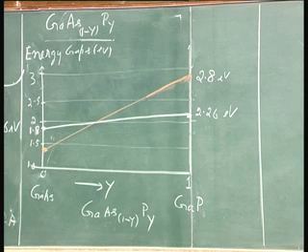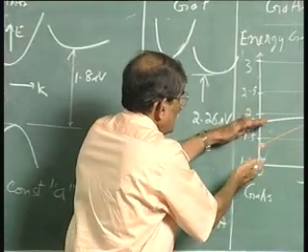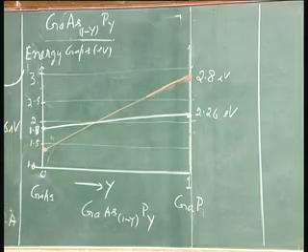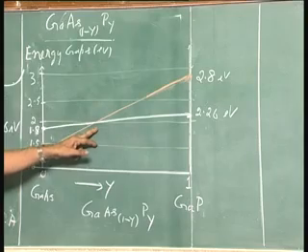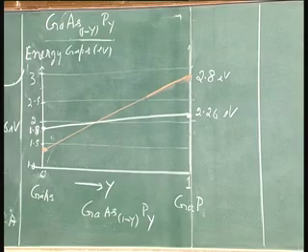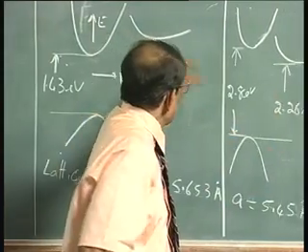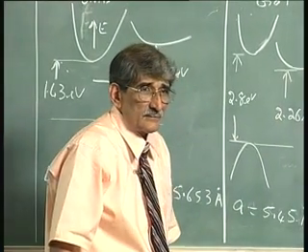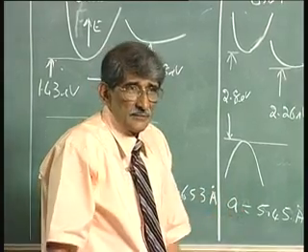It is very interesting to see, as you keep on varying that y, the difference between this and this narrows, and at a particular point the direct band gap and indirect band gap remain the same. That means electrons will be there, some of them here, some of them there at that point. So, transition can take place from either of them.